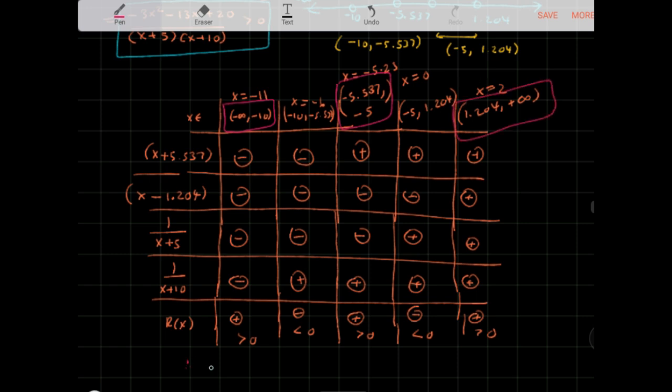So we can say that therefore x can belong to negative infinity and negative 10, union negative 5.537 and negative 5, union 1.204 and positive infinity. Okay, so those are our three intervals that will satisfy this inequality.